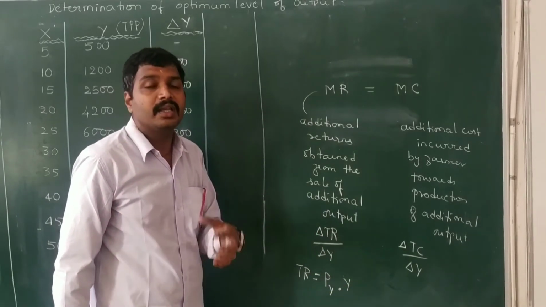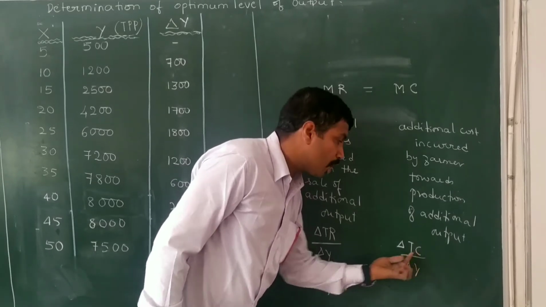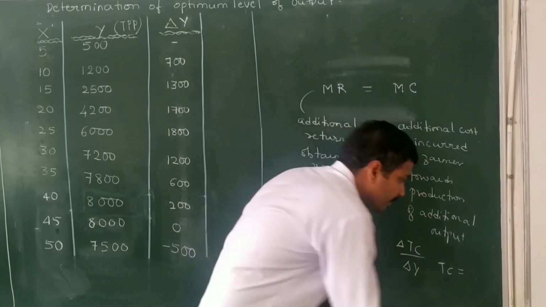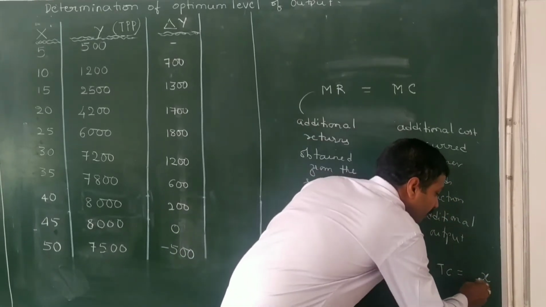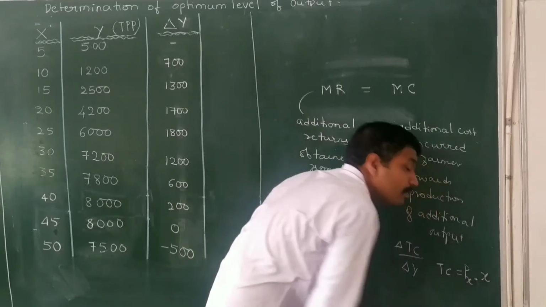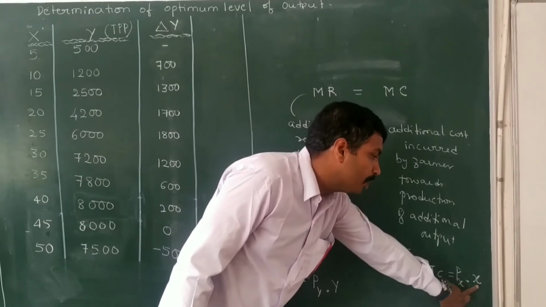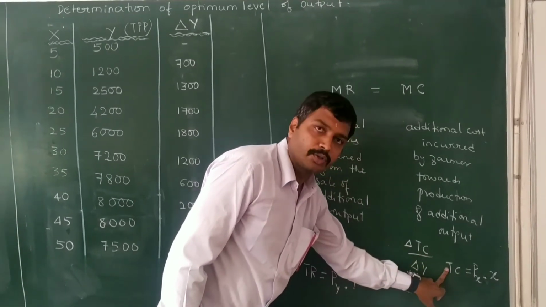Is it not? He needs to incur cost, so that becomes total cost. So how the total cost will be determined now? Total cost is nothing but how much of input that he is using, and towards it how much he is paying. Is it not? Price of input into quantity of input used will going to give you the total cost.